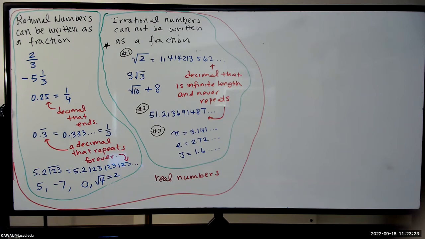Oh, see how I have a bar there? Anytime I have a bar, it makes it rational, because then it repeats. So this one over here, see how 634? As soon as you see a bar, you know it's rational. Thank you. Got it. Okay, thank you for your question.